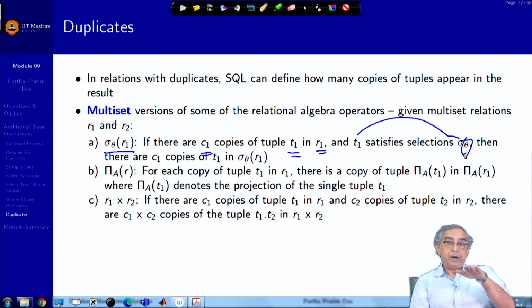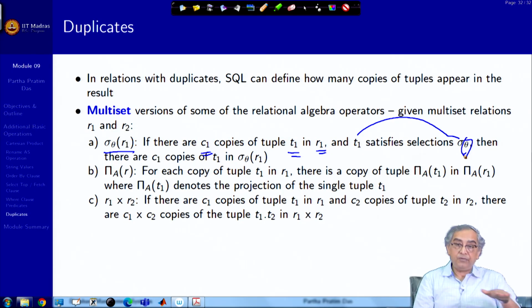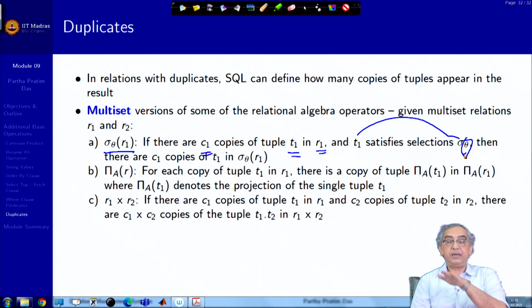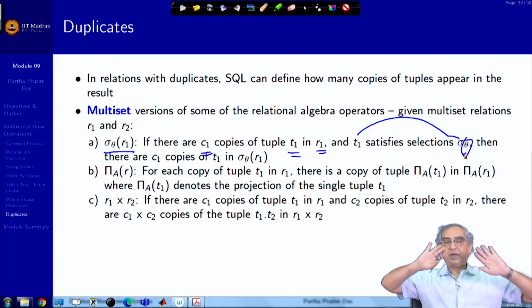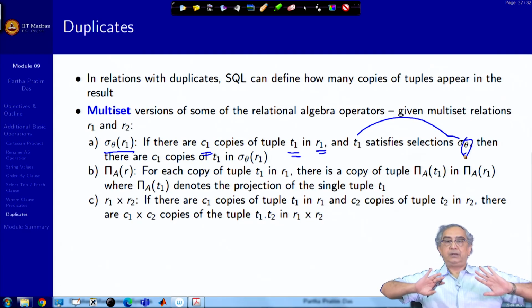So, in a multiset situation, it is not one record which will get selected, but all of these C1 records will get selected. Simple thing, it is just that the distinctness removal is not considered. In every computation, you do not consider that it is a set and everything is distinct.